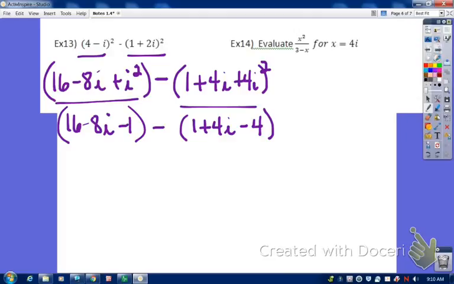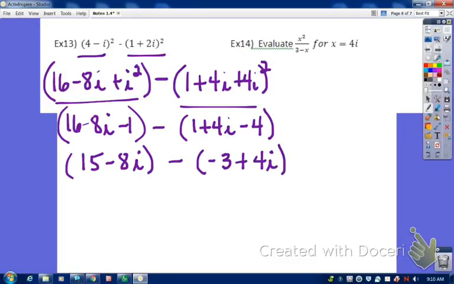Still have some things going on in my parentheses. So the next step would be 15 minus 8i in parentheses minus negative 3 plus 4i.